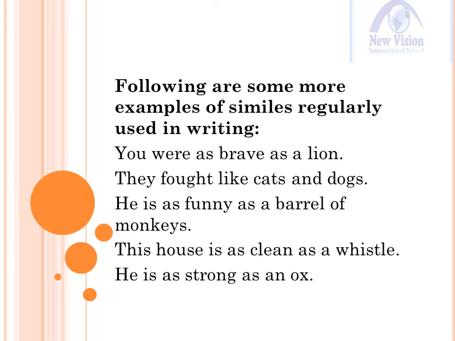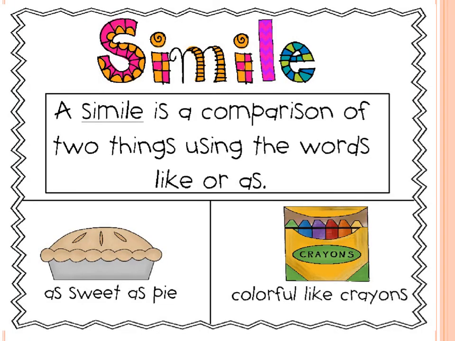He is as strong as an ox. Here are more examples of simile: as sweet as pie, colorful like crayons. Remember, a simile is a comparison of two things using the words like or as.